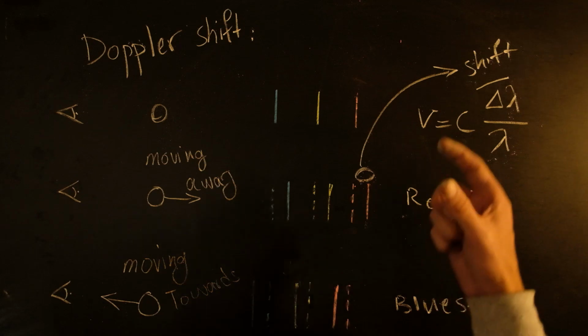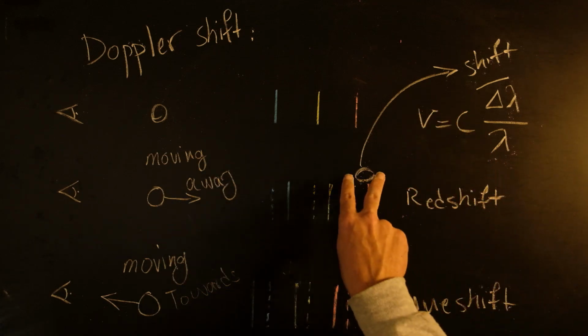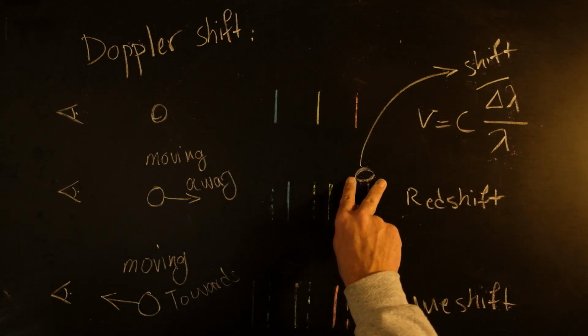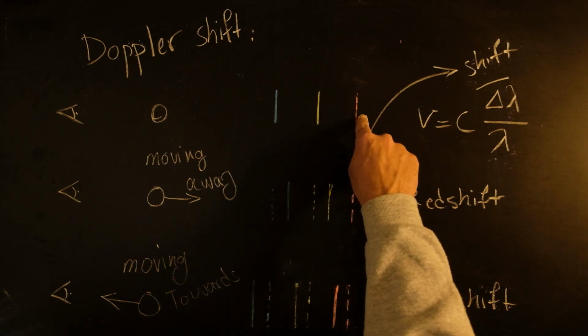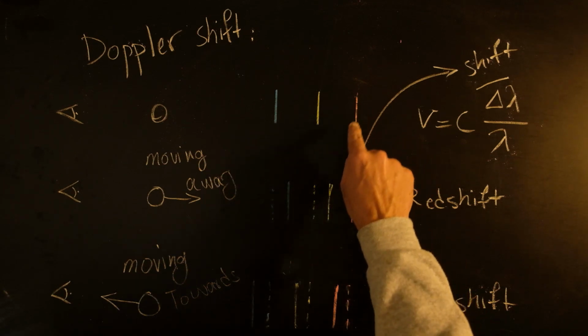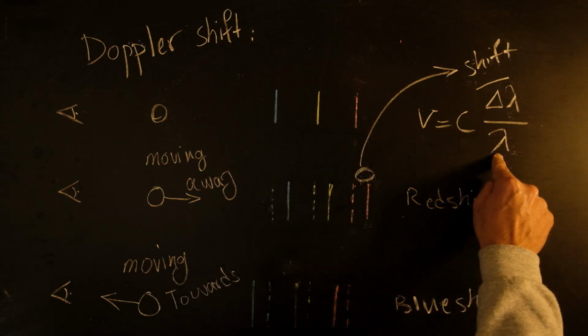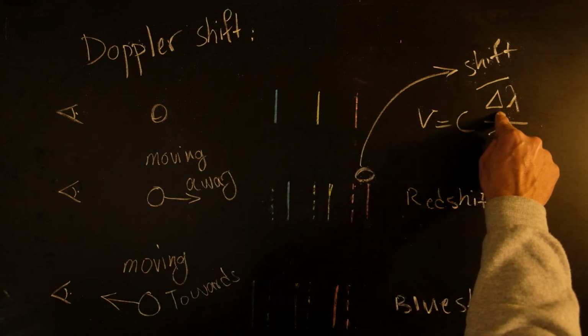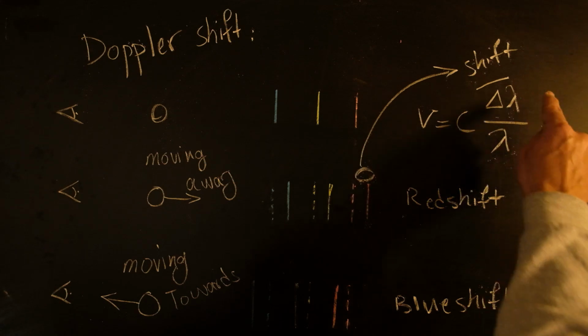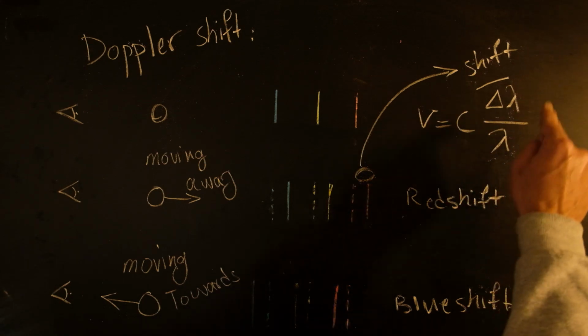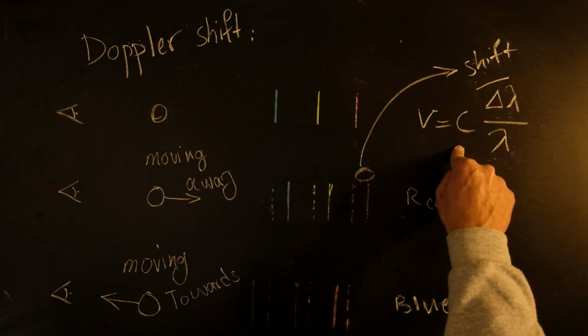So for example, you have a 5 angstrom shift for 6,000 angstrom. Okay, so your original wavelength is 6,000, your shift is 5, divided by 6,000 times 300,000.